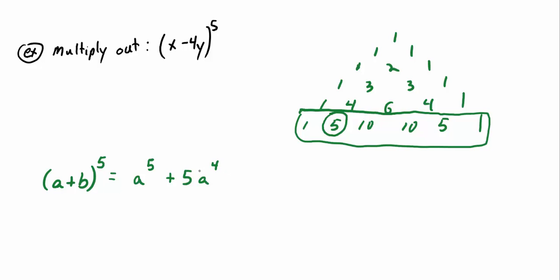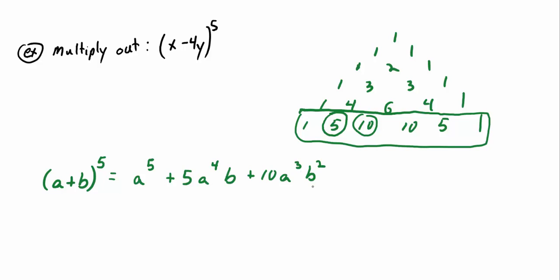The exponent on the b is going up, the exponent on the a is going down. But here's a good way to remember it: the exponents on the a and the b have to add to be 5. Does that make sense? Yeah. So just 5a to the 4th b. Plus, what's the next binomial coefficient? 10, this guy. Then it must be a to the 3rd b squared.